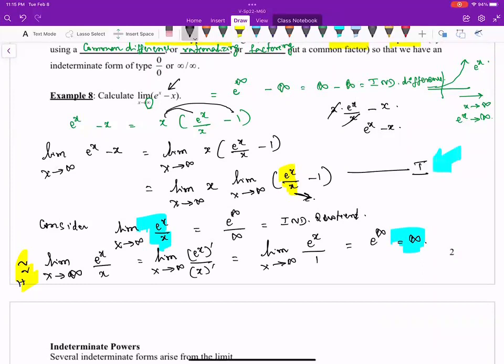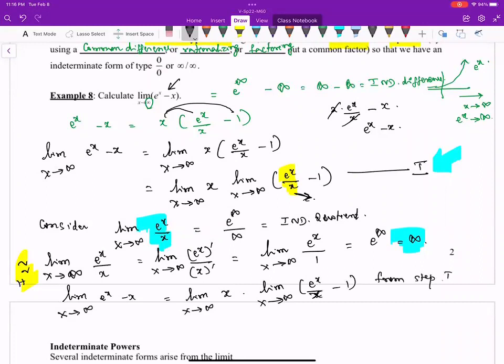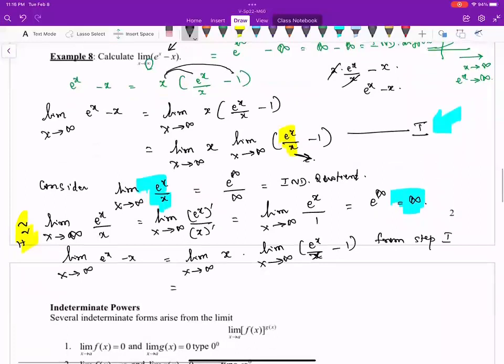So the limit as x approaching infinity of e to the x minus x is the limit as x approaching infinity of x times the limit as x approaching infinity of (e to the x over x minus 1). This is from step 1. So the first part is simple, it's infinity.